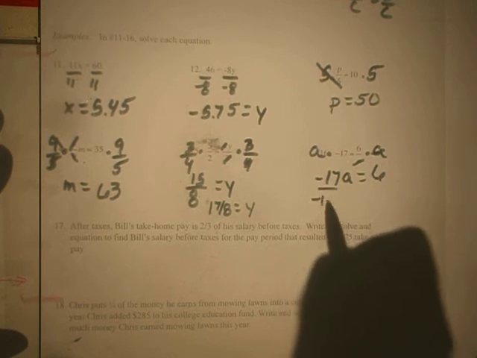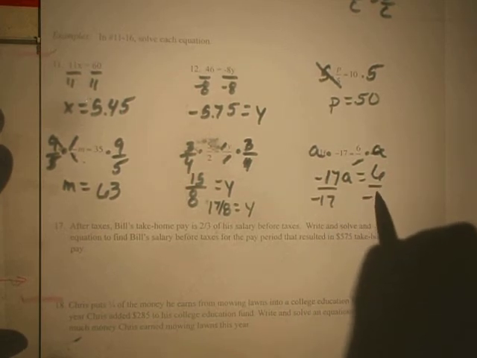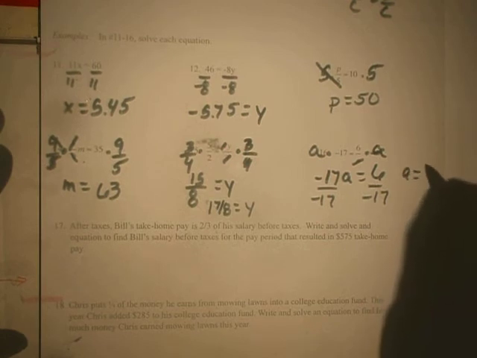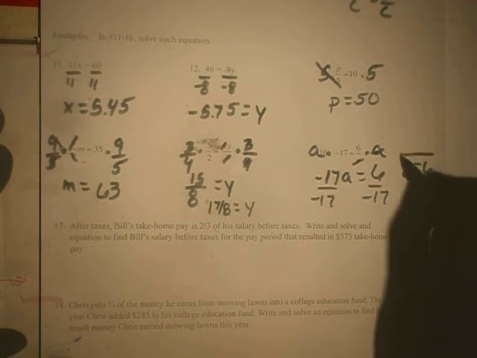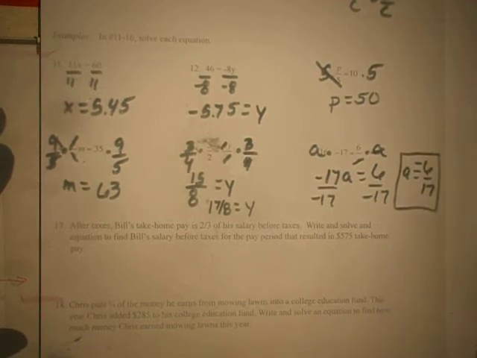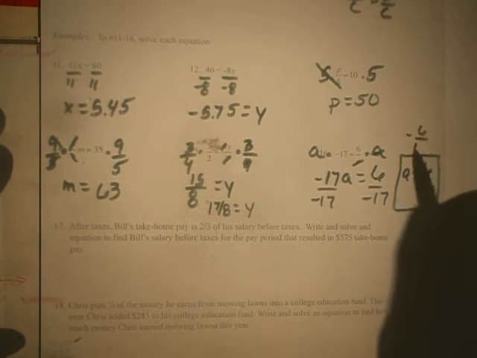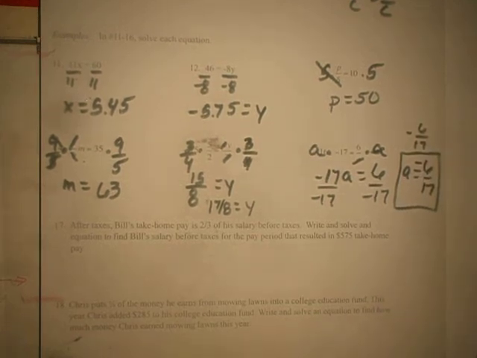And now if we divide both sides by negative 17, you are left with a equals negative 6 over 17. You can write that as negative 6 over 17, negative 6/17. They are the same thing.